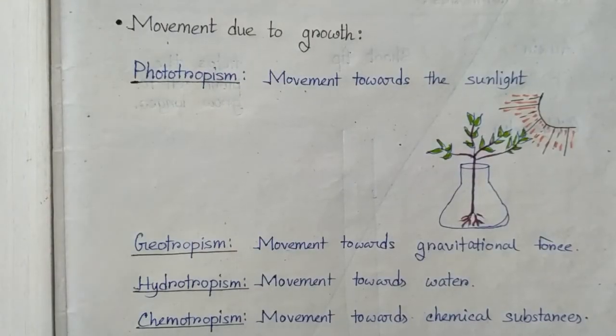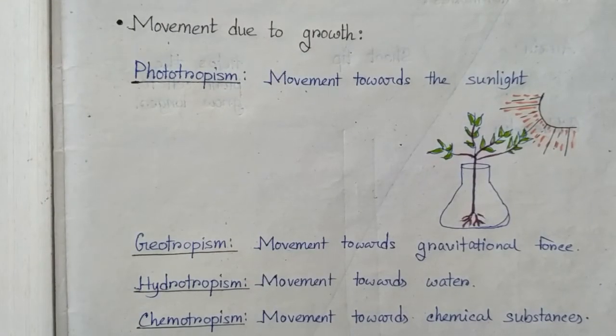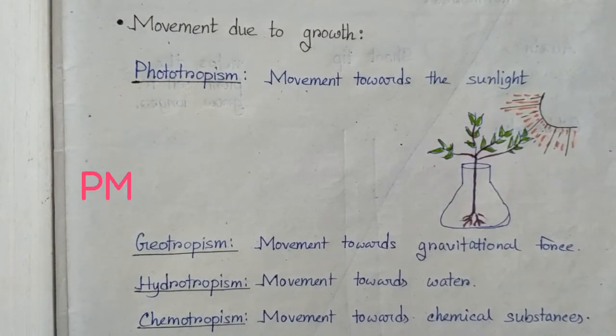Another one is chemotropism, meaning movement towards chemical substances. For example, pollen tubes grow towards ovules, and it is an example of chemotropism.